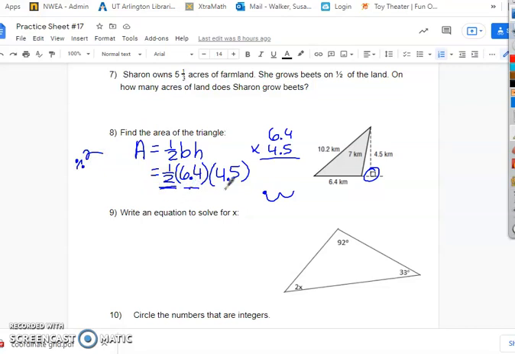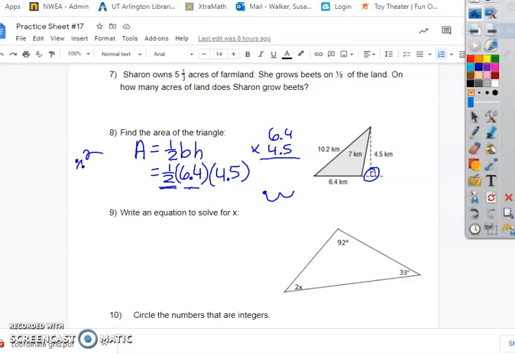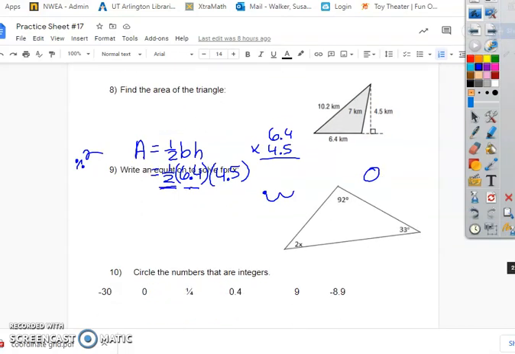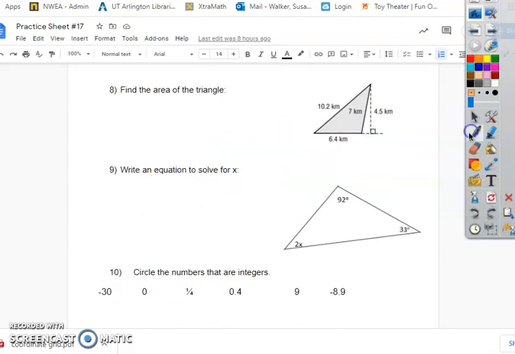Okay? So the next problem, write an equation and solve for x. So our equation, remember, triangles are the same as what supplementary adds up to. So supplementary adds to 180. So that's what angles in a triangle add up to.